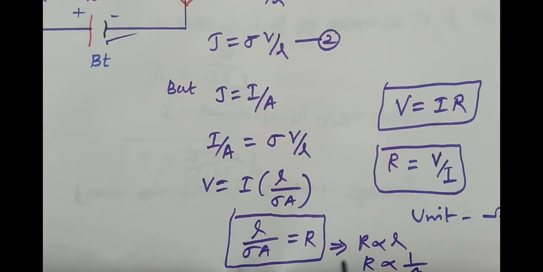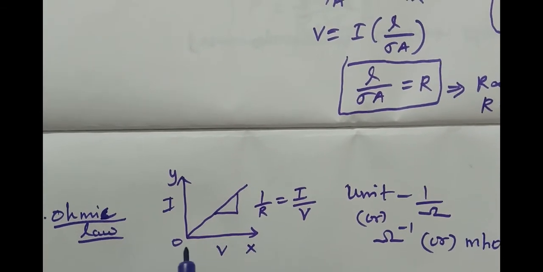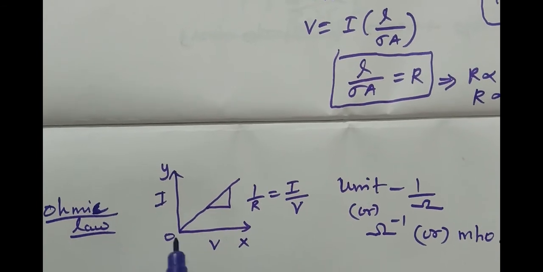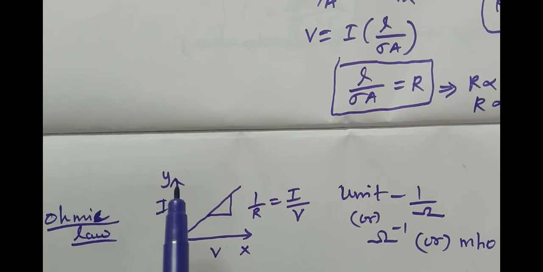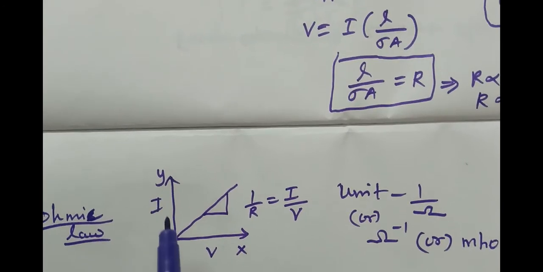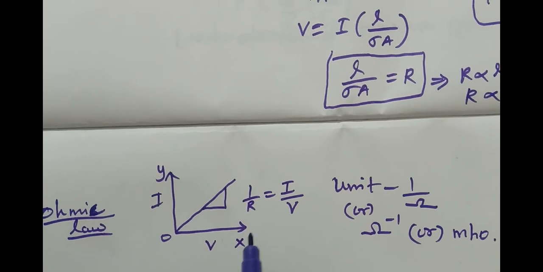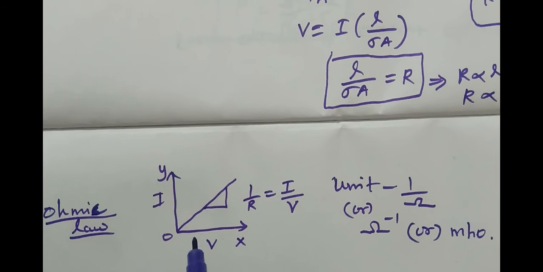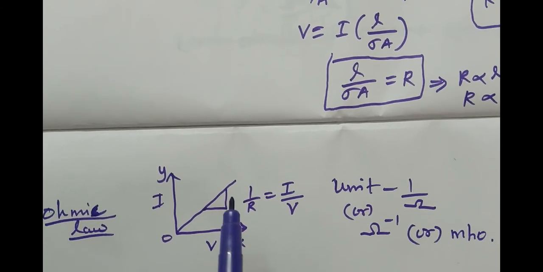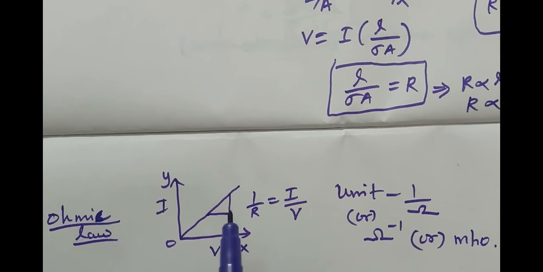Now taking a graph. Voltage along the x-axis, and along the y-axis, current. As voltage increases, current also increases, so we get a straight line with a slope equal to the inverse of the resistance of the conductor.